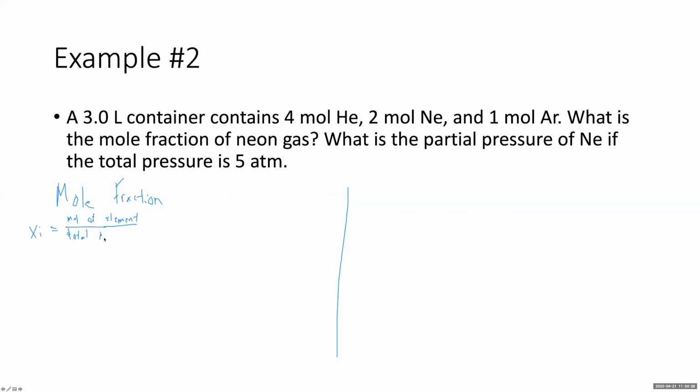And so we're trying to deal with the mole fraction of neon gas.